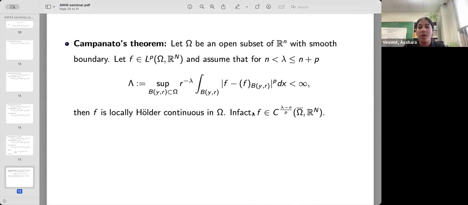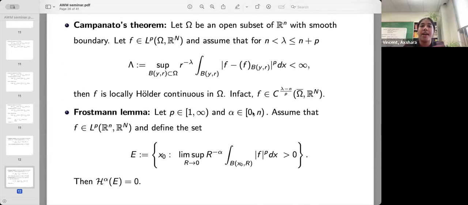Now all that remains to prove is that if you take all points where we don't have such a bound on energy, and they belong to a singular set, we are done. And it's given by Frostman's lemma, which states that if you have p strictly greater than or equal to 1 and less than infinity, and some exponent alpha, and if we have an L^p function f, and we define the set of x naught where this limsup integral is strictly greater than 0, then the Hausdorff measure of the set is 0.